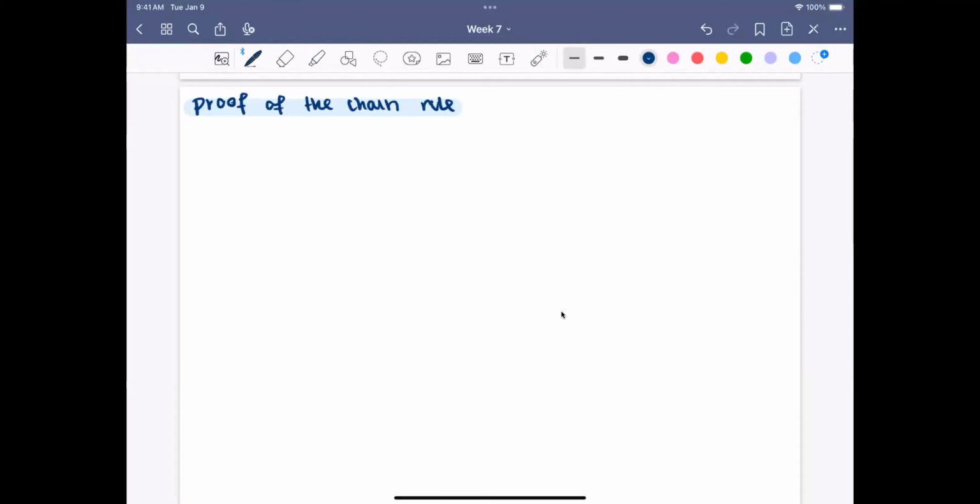And we'll think about whether or not our special case actually applies to the examples that we're worried about. So here's the case that we're going to prove. I'm going to assume f and g are differentiable.